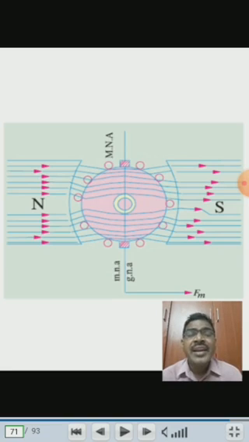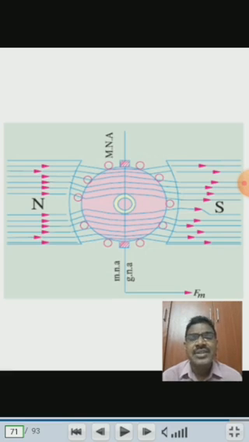With respect to the magnetic neutral axis, some conductors are under the influence of north pole, and the remaining conductors are under the influence of south pole, right? In this diagram, the flux distribution is uniform.